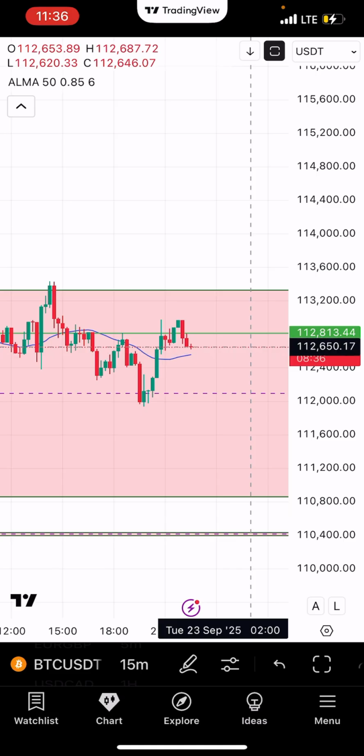This candlestick is supposed to go up to break this structure, giving us a higher high.